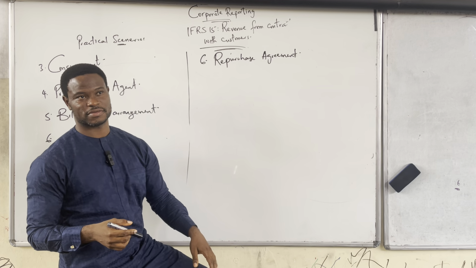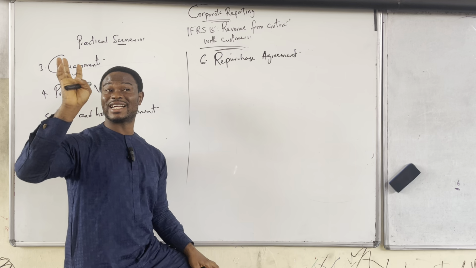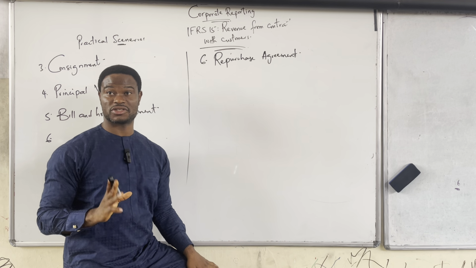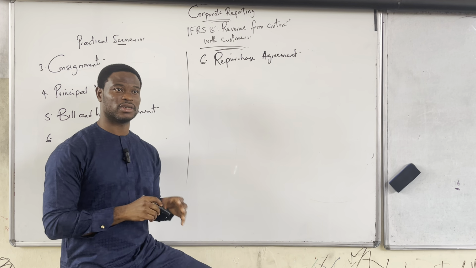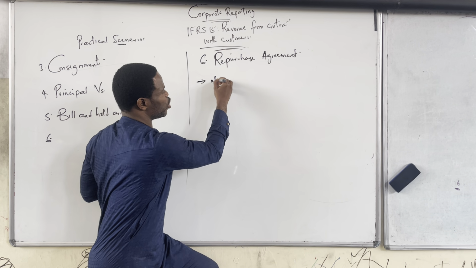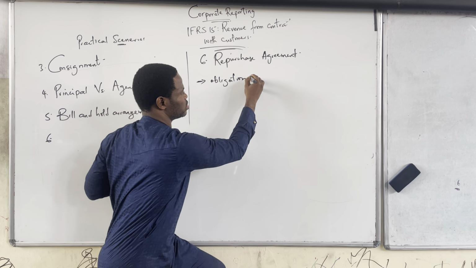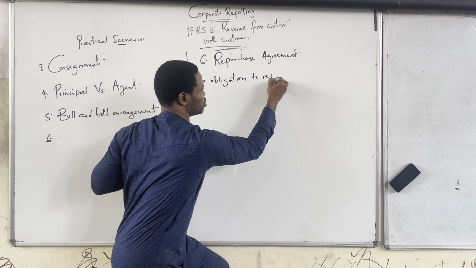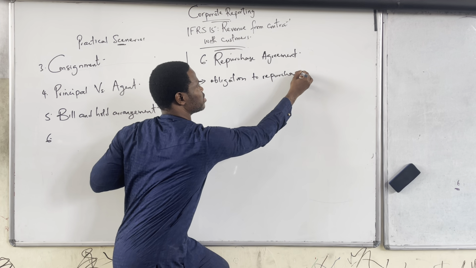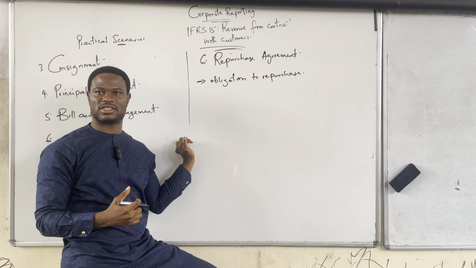You sold goods. You now agree that you can repurchase it. So there are 3 forms you can take. Number 1, the entity has an obligation to repurchase.